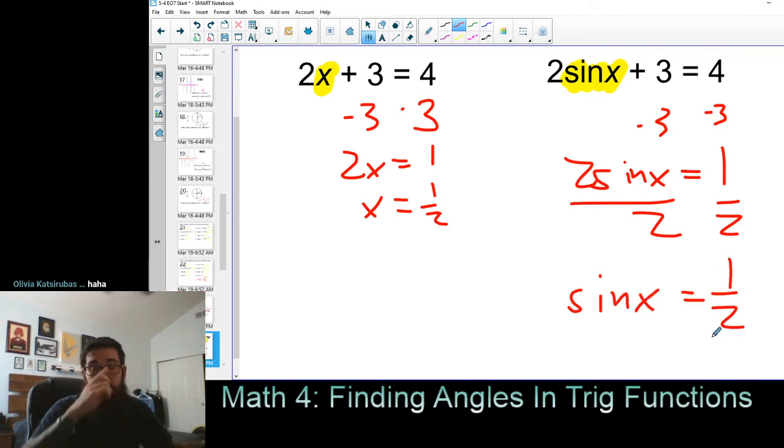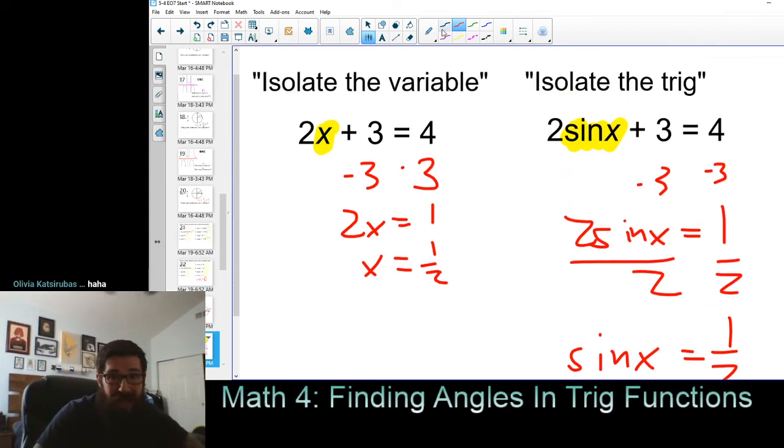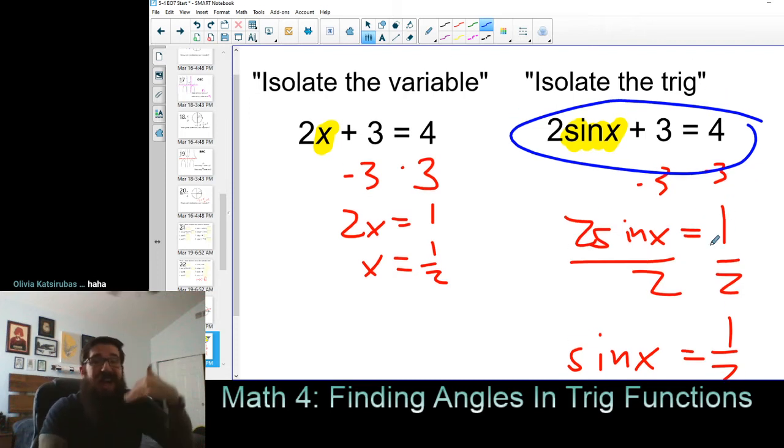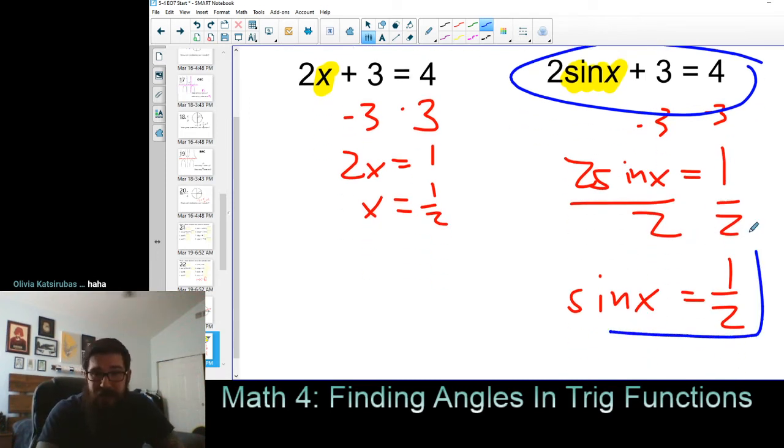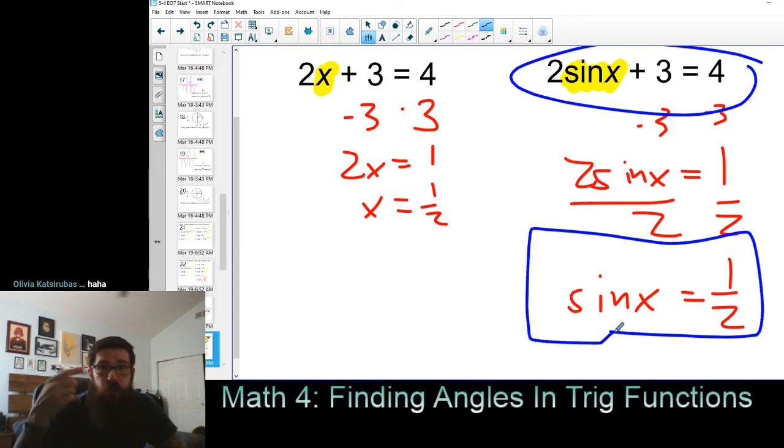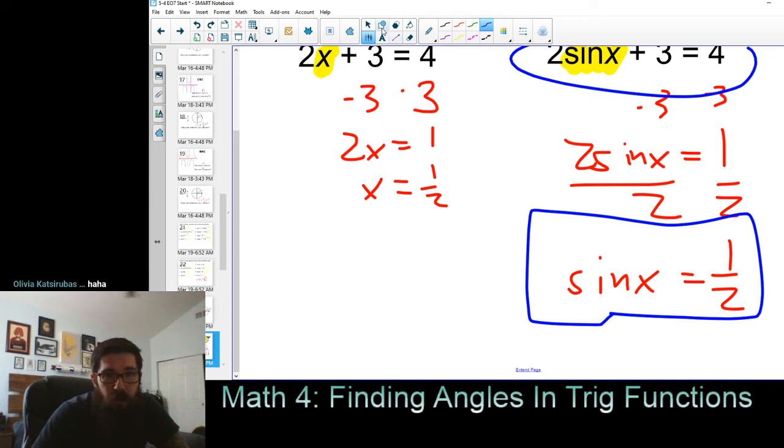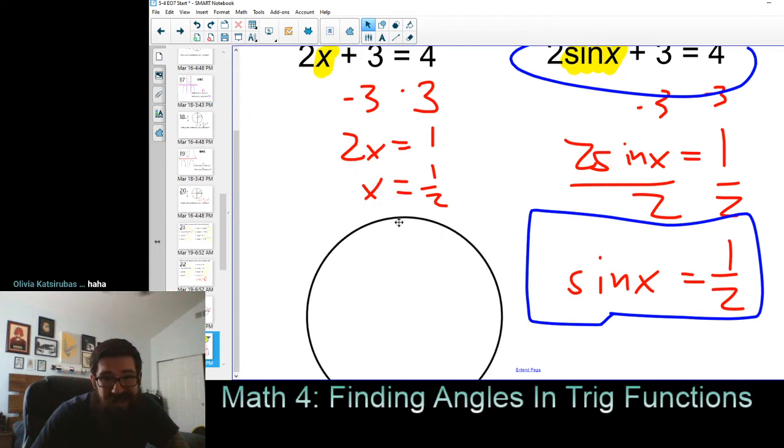This is now the style question that we're going to give you. Your quiz will absolutely have something that looks like this, and you're going to repeat all that algebra. Isolate the trig to get there. Once you're at this stage, here's where you've got to turn on your brain and ask, do I know my unit circle? Where on the unit circle is sine equal to 1/2?